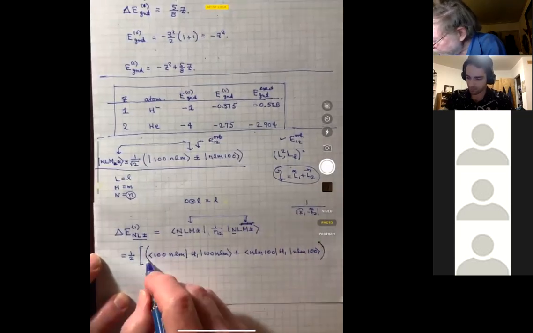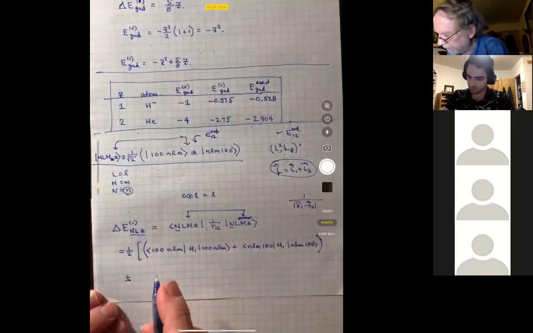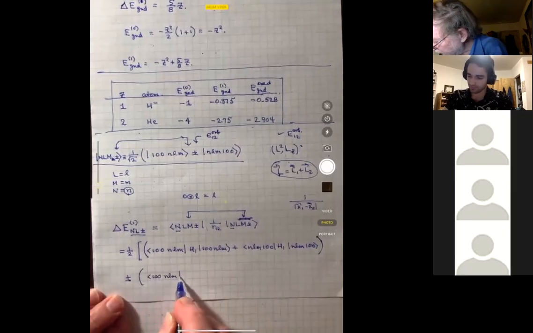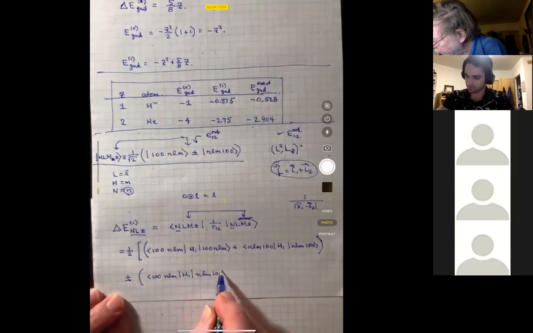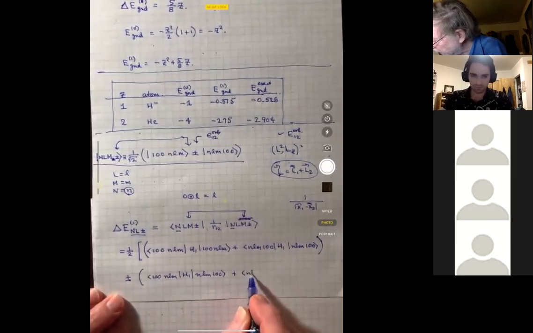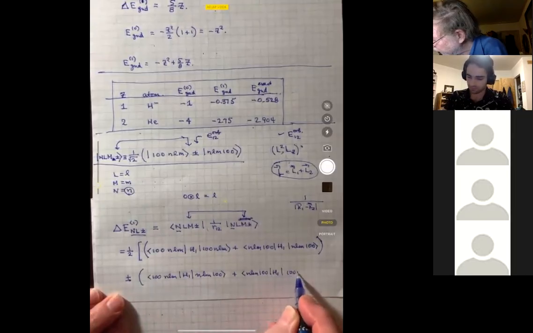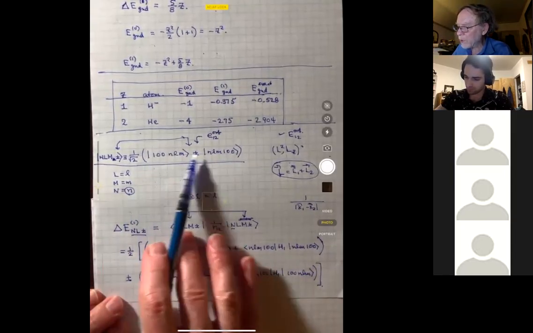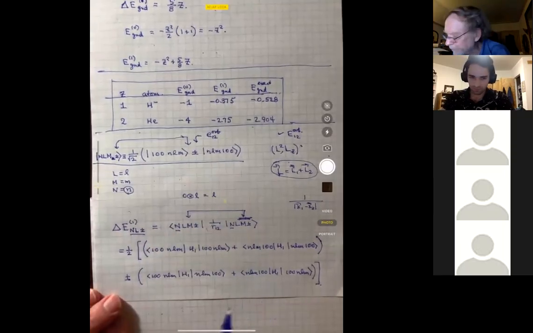Then we get the cross terms, which come in with a plus and minus sign. That's going to be 100 NLM here on the left, H1 in the middle, and then reversed on the other side, NLM 100. And then we get plus NLM 100, H1 and 100 NLM, like so. So just taking these 2 terms for both the bra and the ket gives us a total of 4, and multiplying it out, this is what you get.